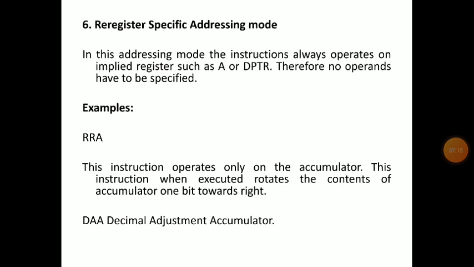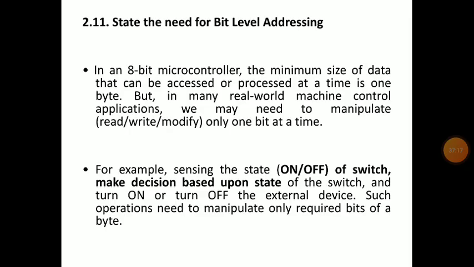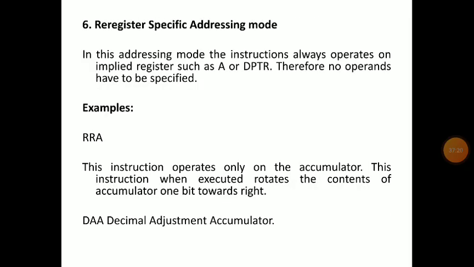Sixth one is register specific addressing mode. In this addressing mode, the instructions always operate on an implied register such as A or DPTR. Therefore, no operands have to be specified. That is, the operands are implied, mentioned internally, not externally. Examples are RRA, rotate right accumulator.